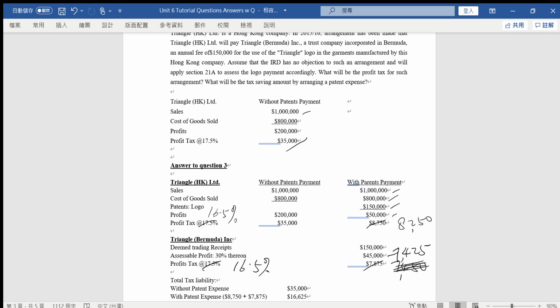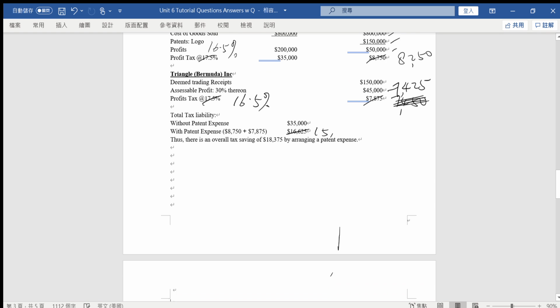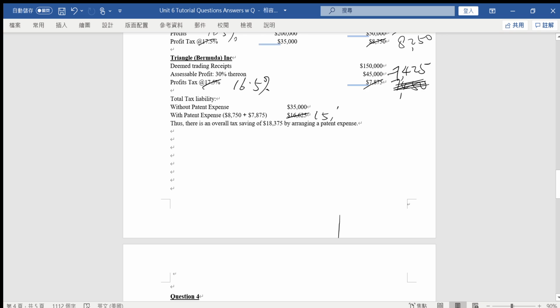Then you add up these two figures, that will be 15,675. Compared to the original amount of 35,000, the net amount of the saving will be 19,325.